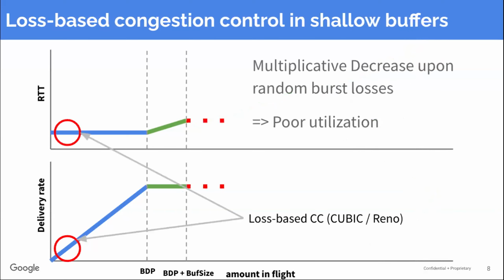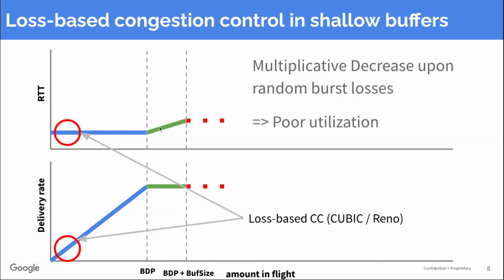So we can also look at what would happen in a scenario with a buffer that is smaller. We might call that a shallow buffered scenario. In a case like that, as the connection ramps up its amount of data in flight to just pass the BDP by only a small amount, it will generally then suffer packet loss and then cut its cwnd, or congestion window, that governs its sending rate, multiplicatively by a large amount: 50% for Reno, 30% for CUBIC.